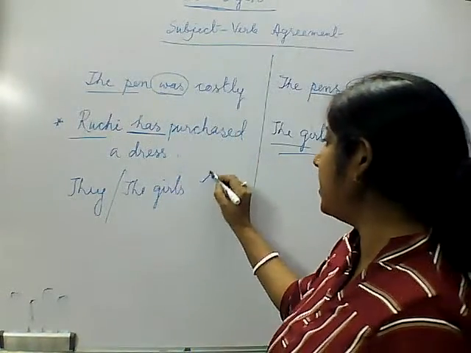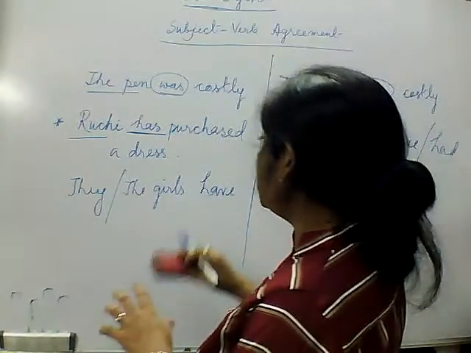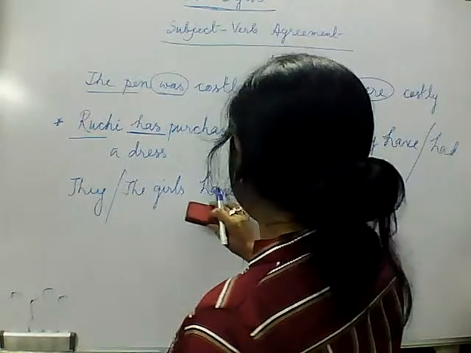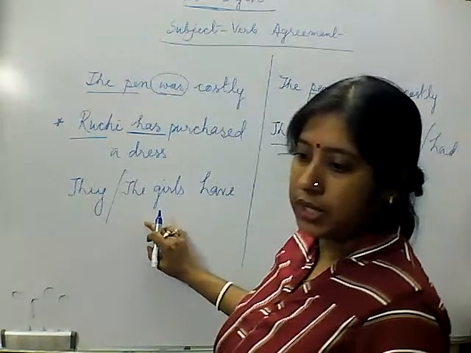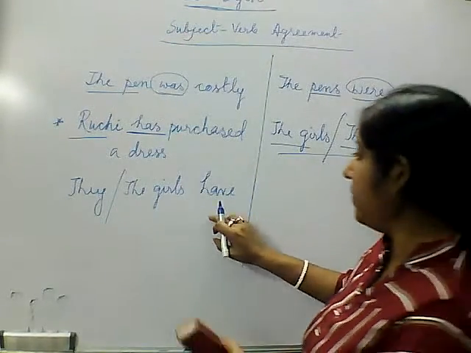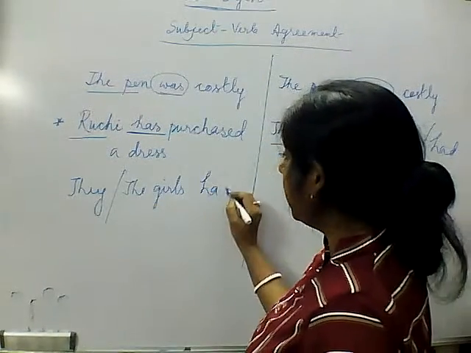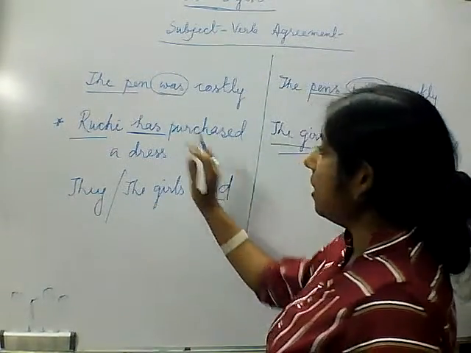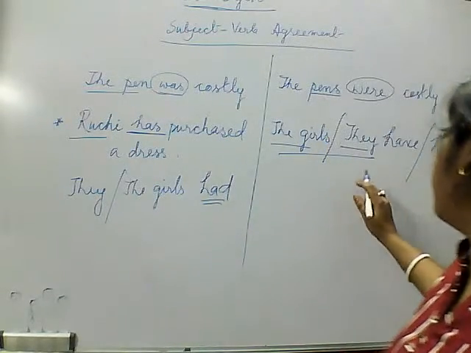Yes, so many have written have. Okay, now this is plural number, and if it is past tense, understood? Is it clear? And if it is past tense, what will you write instead of have? Had. See, in past tense, both the cases in perfect tense will remain the same.